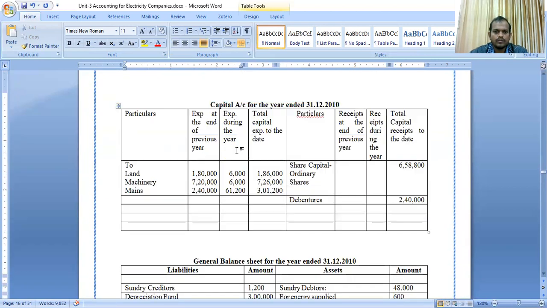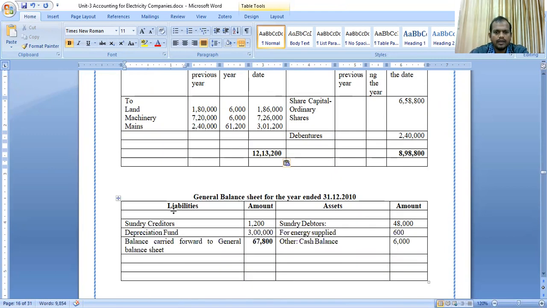So we have to finalize this capital account. Capital account. So receipts are 8,98,800 and the expenditure is 12,13,200. So total expenditure.